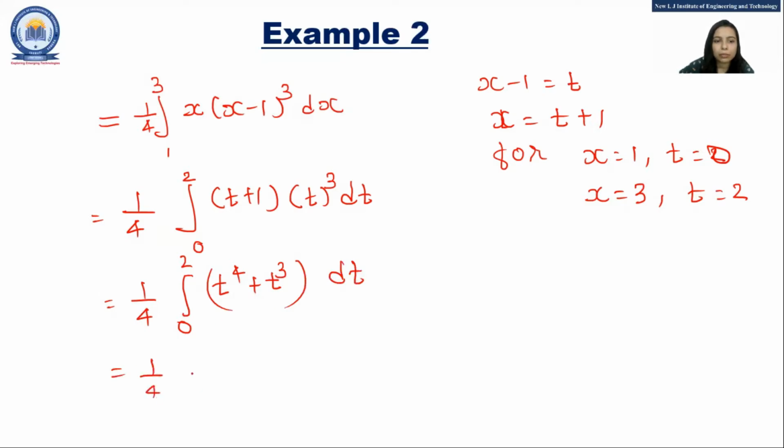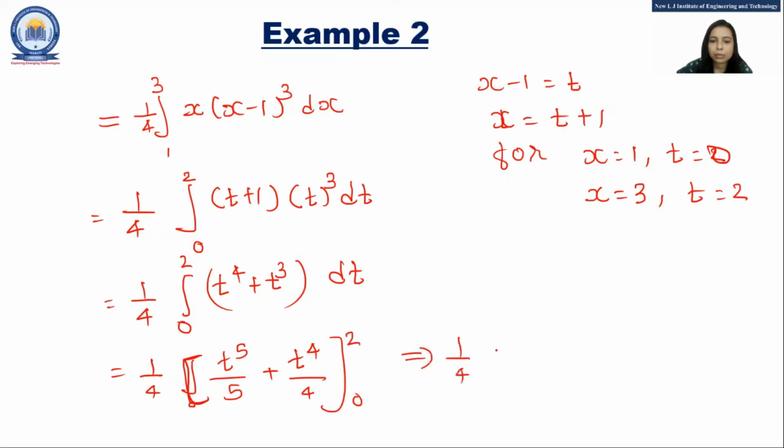So that is equal to 1 by 4 into t raised to 5 upon 5 plus t raised to 4 upon 4. Lower limit is 0 and upper limit is 2. That is equal to 1 by 4 into 2 raised to 5 upon 5 plus 2 raised to 4 upon 4. So the final answer of mu is equal to 2.6.